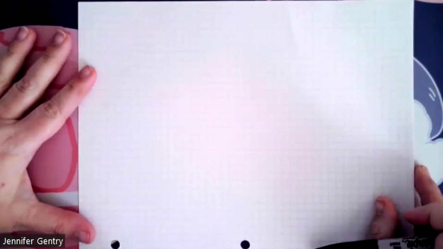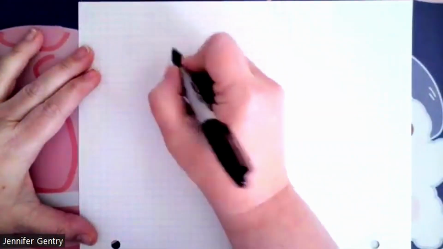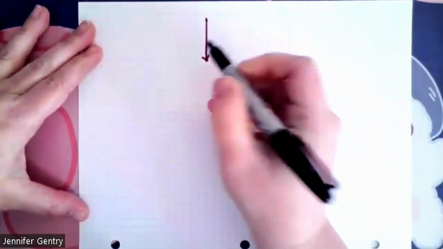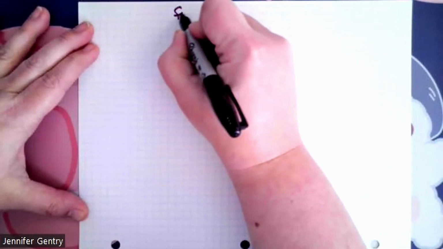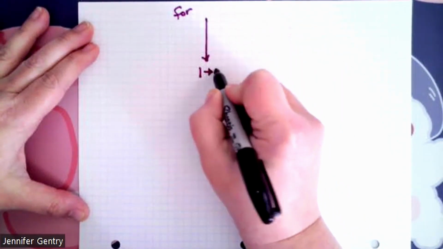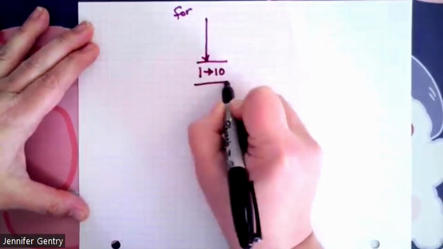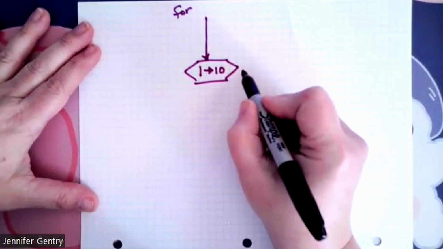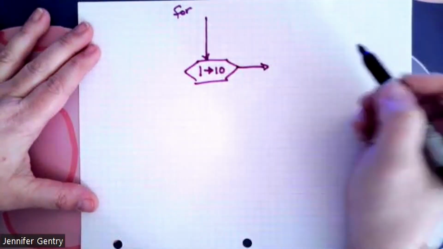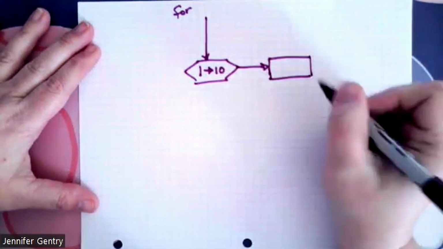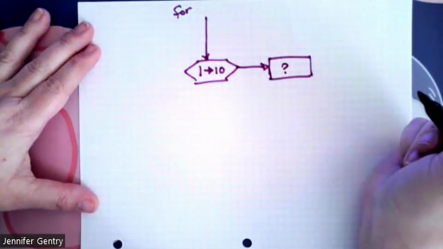So let's look at that repetition in a flowchart. Okay, so you're coming into your repetition. So for my for, I'm going to say 1 to 10. I'm going to do something. I'm going to do process, input, output. Doesn't matter.